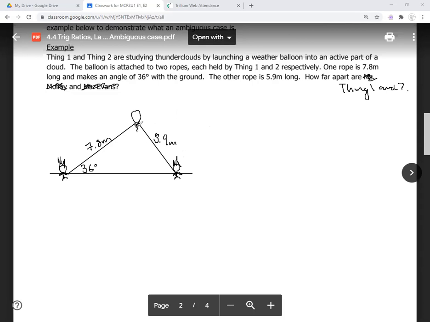You're going to have to test it, won't you? Well, you do. So I'm actually going to test it right now. Let's start this question. Test: is 5.9 meters long enough?